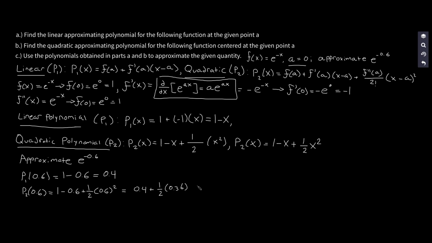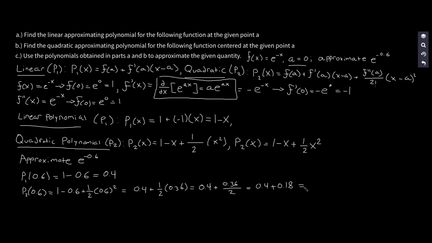Okay. Then we have to multiply that back to the fraction. 0.4 plus 0.36 over 2. 36 divided by 2 is 18, I think, yeah. 18 plus 18 is 36. So we'll have 0.4 plus 0.18.